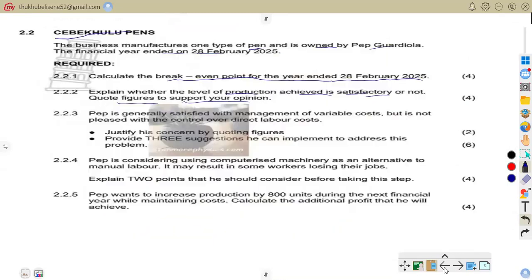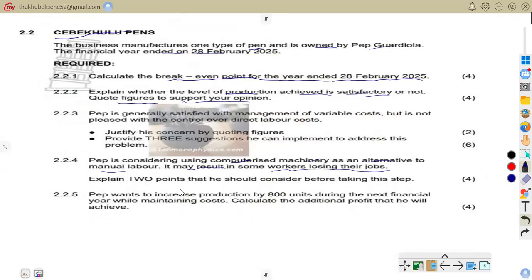2.24 says, PEP is considering using computerized machinery as an alternative to manual labor. So it may result in some workers losing their jobs.